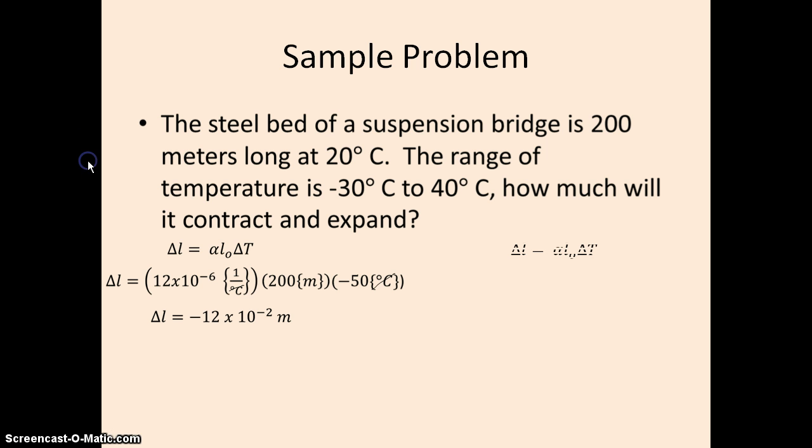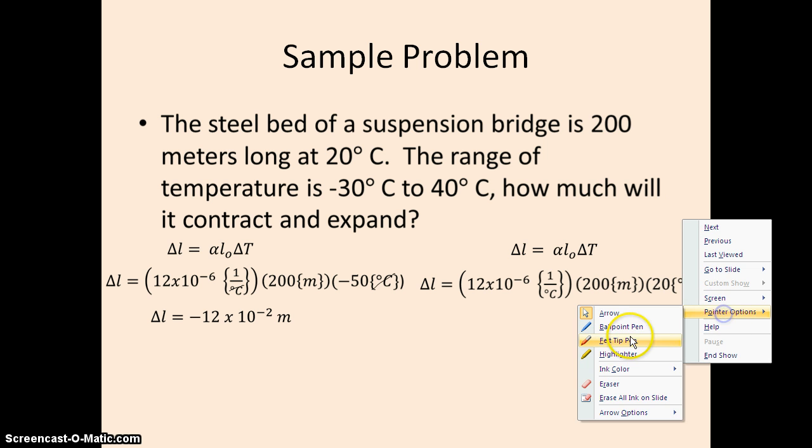For the expanding, same equation, same process, there's just a different change in temperature. Now the change in temperature is not negative, because when it's expanding, it's going from 20 degrees Celsius to 40 degrees Celsius. So the change in temperature there is 20 degrees Celsius.